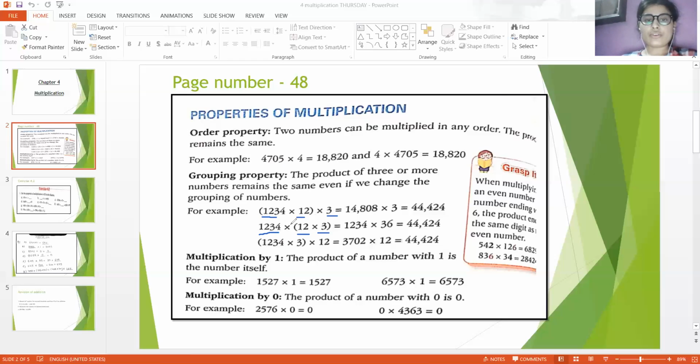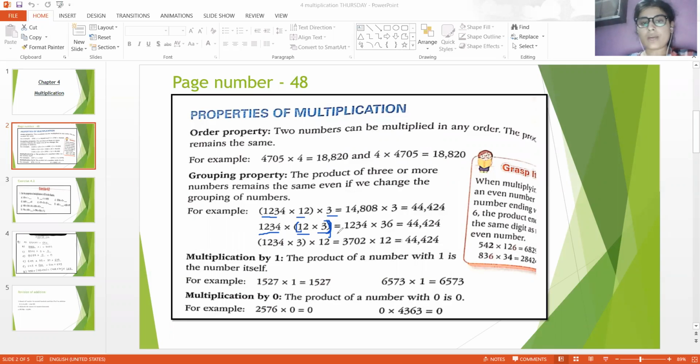Now I am taking the group of 12 and 3. That means I will write the bracket around 12 and 3, so the bracket should be here, not here. Now multiply 12 and 3 first.